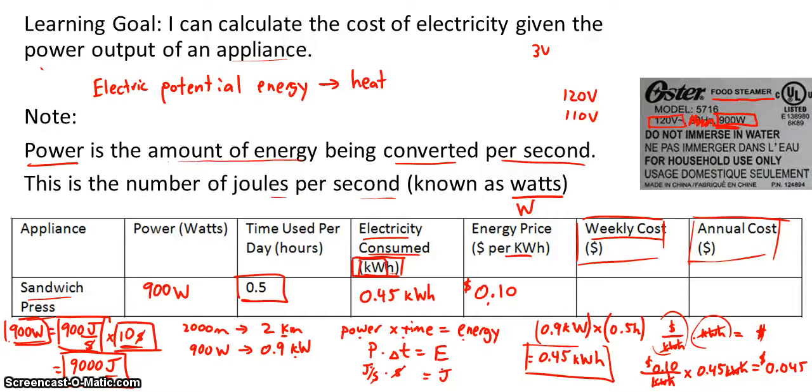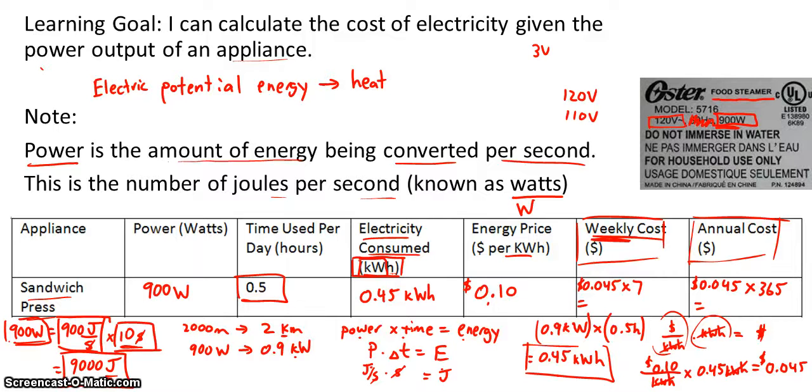All right. Now, if I want to know how much that costs me for a week, what am I going to do with that number? Well, I need to multiply. There's 7 days in a week, so I got to multiply that number by 7. Or the annual cost. How many days are there in a year? And then I can type those numbers into my calculator and find out how much it's going to cost me for the week and how much it's going to cost me for the year to use this appliance.